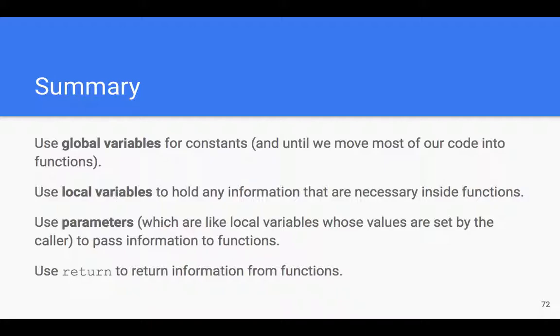Now, if you want to pass any information to functions, like we showed last time, use parameters. And remember, parameters are pretty much like local variables, except that their values can be set up by the callers. So use parameters to pass information to functions. And when you want to return information from functions, use the return keyword.